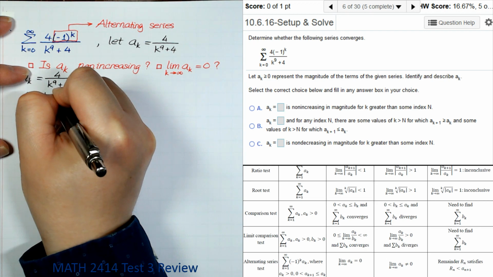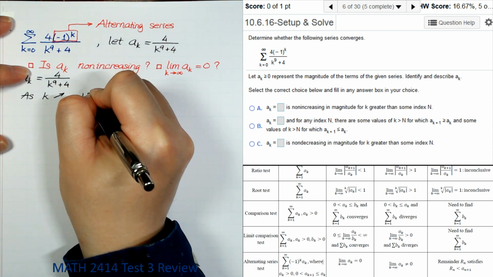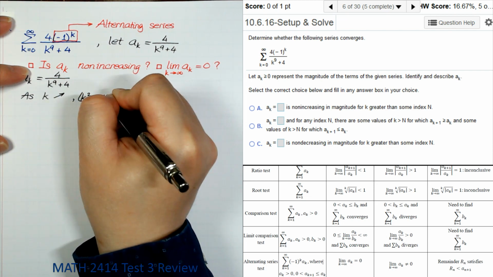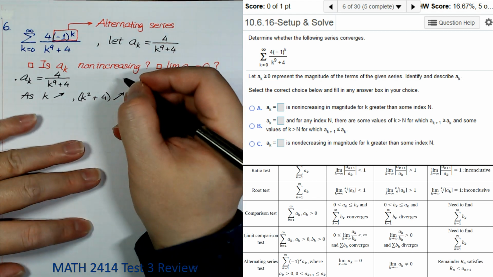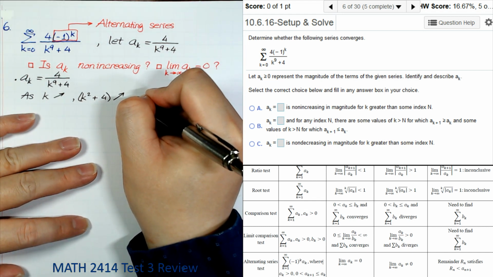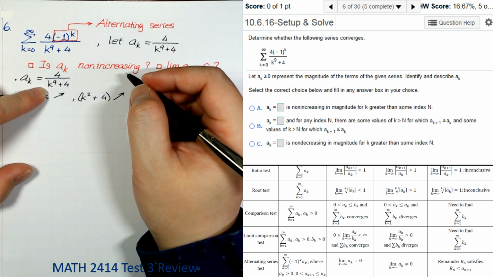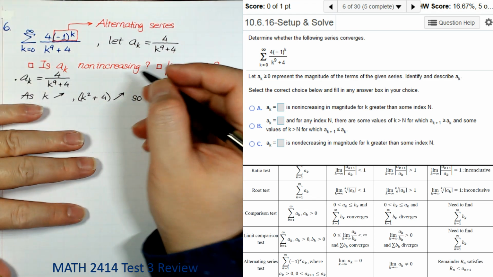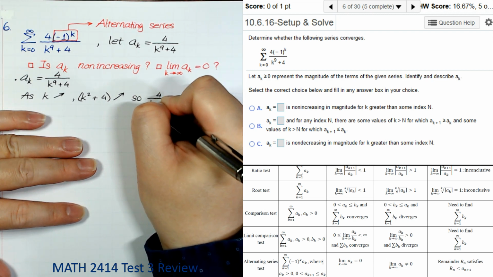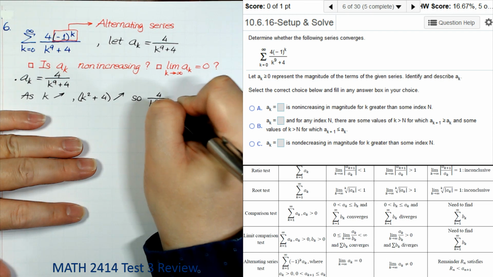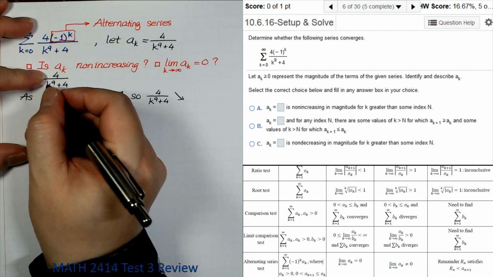As k increases, k squared plus 4 as a whole also increases. So since the denominator is increasing and the top is constant, the ratio decreases.